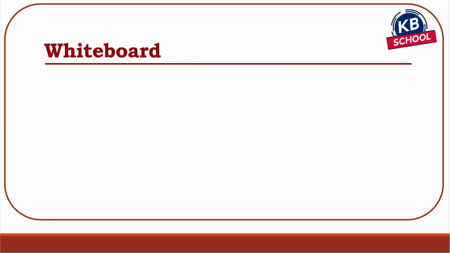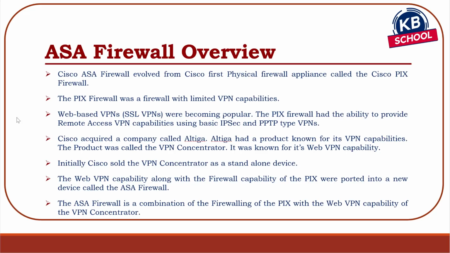So to recap: the first physical firewall was the PIX firewall, which had limited VPN capabilities. Web-based VPNs were not becoming popular at the time, and the PIX firewall did not have the capability of doing that.